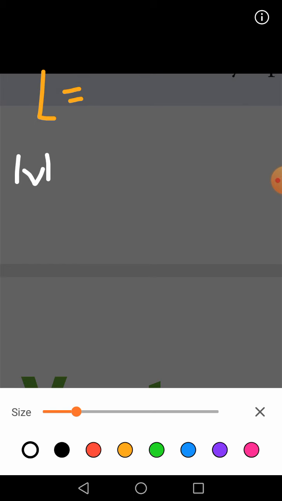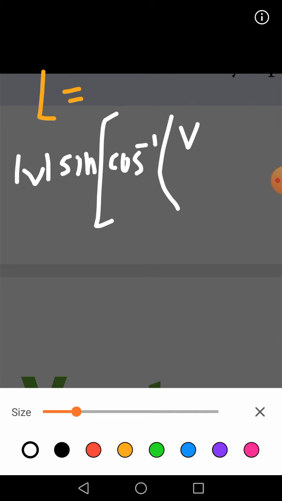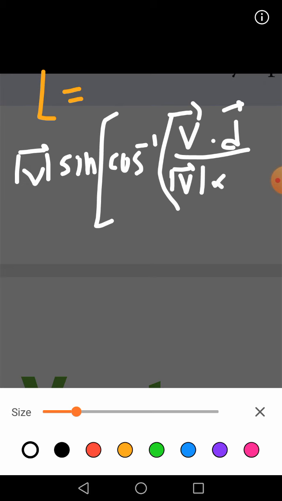So modulus of V multiplied by sine of what? Sine of cos inverse of the vector from the external point to given point dot the direction vector of the line, divided by the magnitude of the vector from the external point to given point multiplied by the magnitude of d.